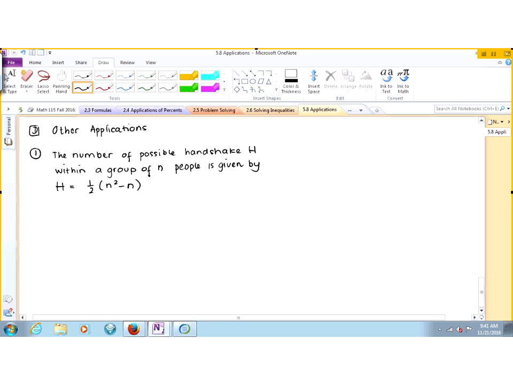All right. So the number of possible handshakes within a group of n people is given by h equals half n squared minus n. So at a party, there are 25 people.